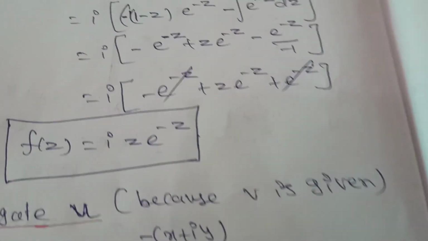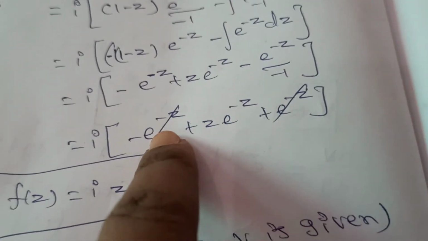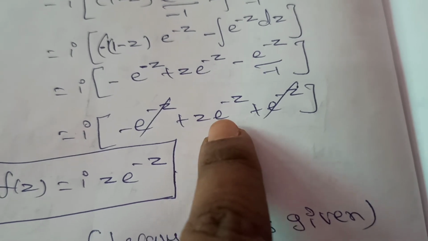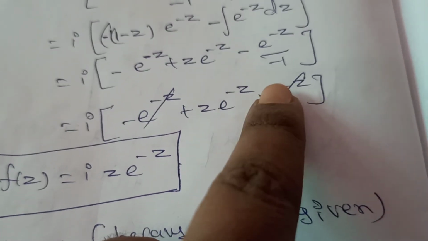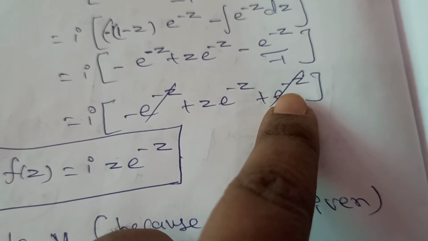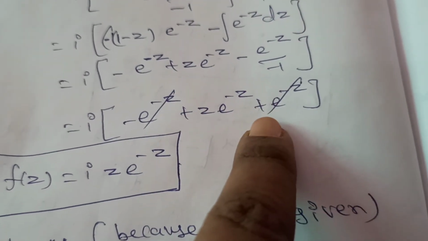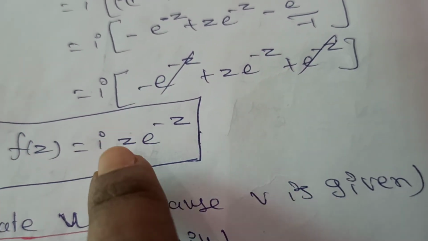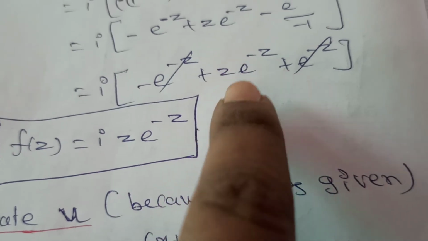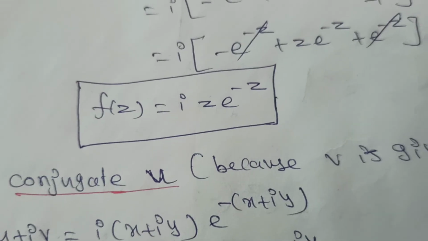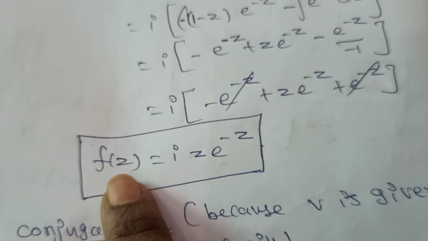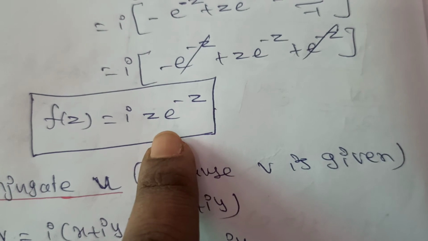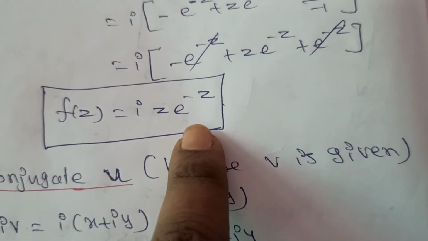So that is I into minus e power minus z plus z e power minus z, minus into minus plus e power minus z. Here the minus and plus values cancel, so f of z equals I into z into e power minus z. Therefore, this is the analytic function answer: f of z equals I z e power minus z.